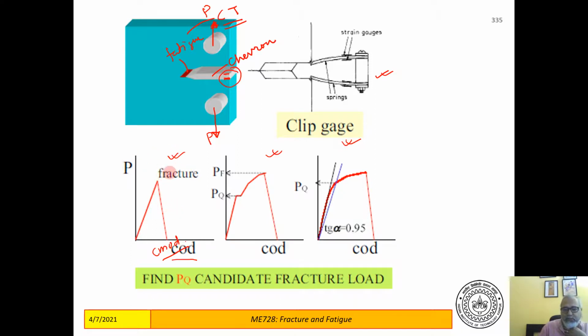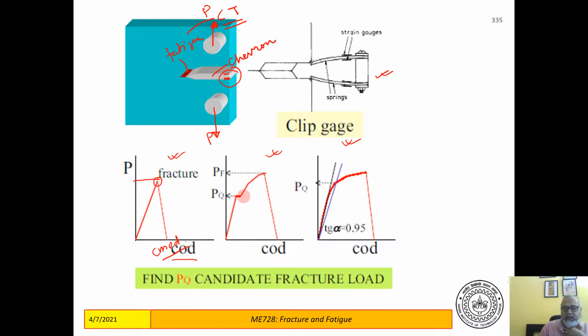So this is one type where the crack starts growing catastrophically at this point. So the load at which the crack starts growing is noted. In some cases, you have two loads. One is PQ and one is PF. So probably some bit of crack propagation happens here.